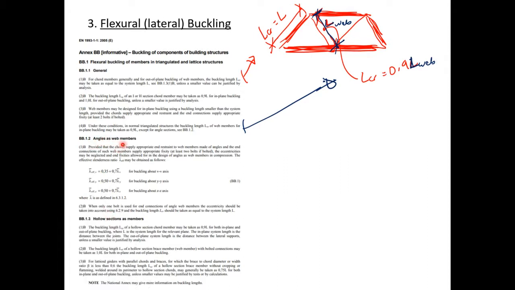Okay, so then if we have angles as web members, like in the example that we're doing, we have an angle in there. So provided the chords supply appropriate end restraints to the angles, and the end connections to the web supply appropriate fixity, in other words, we have at least 2 bolts at the end of the members, then the eccentricities may be neglected, and the end fixity is allowed for in the design of the angles as members in compression. The effective slenderness values can be used here.